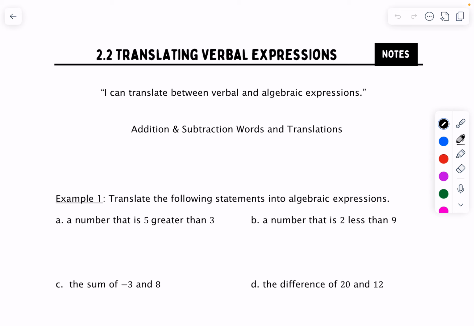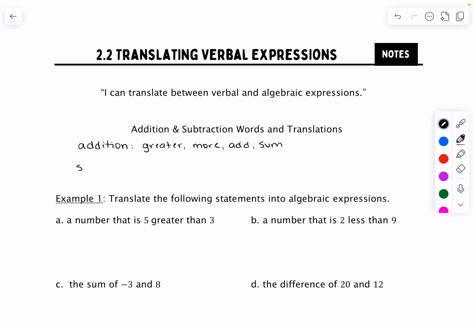So let's first think of some words that represent addition. Addition uses words like greater, more, add, or sum. Those are just a few examples of words we use for addition.